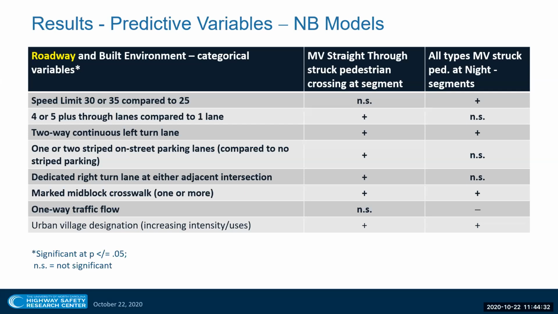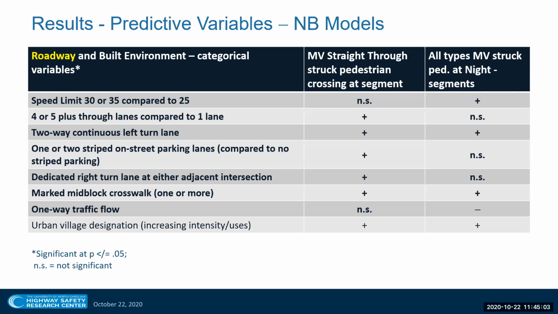And so rather than face that at the intersection, they may move up to the segment and try their chances at crossing. And then again, this is another situation where marked crosswalks were associated with more crashes. And again, this is probably because those are places that funnel pedestrians to cross, but they may also not be treated highly enough. They may need additional treatments to make them safer for the people who are crossing there.